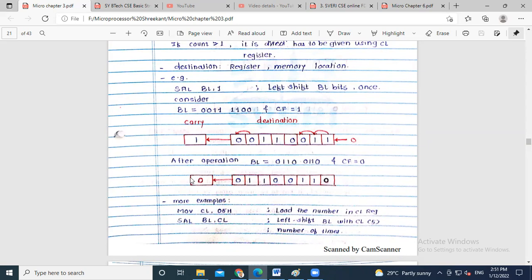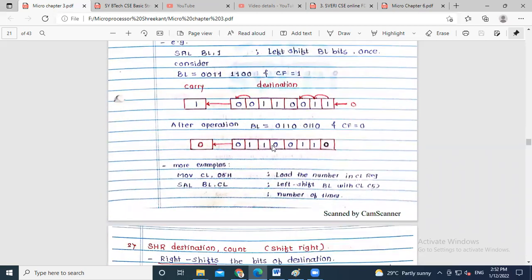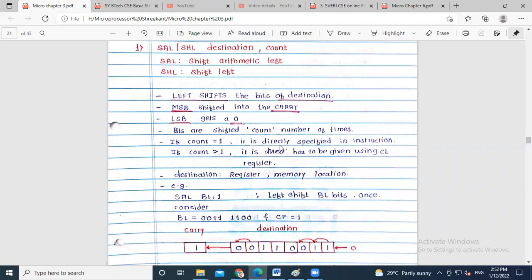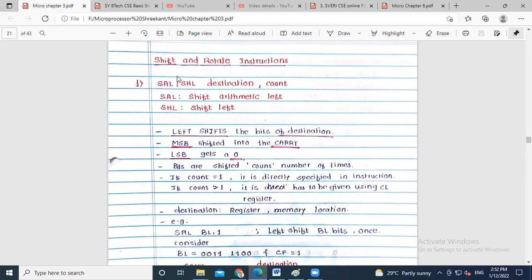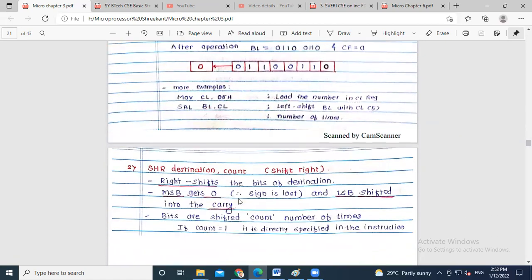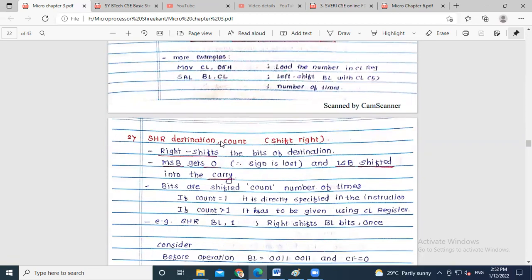So one bit is shifted, and finally the last bit is vacant. That is filled by 0, because the carry flag is 0. If the carry flag is 1, it is going to be filled by 1. Okay. So yes, this is left shift. SHL, left shift.